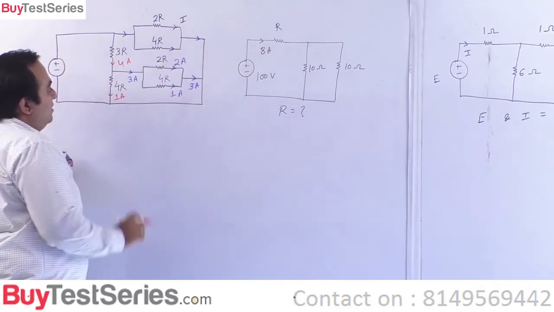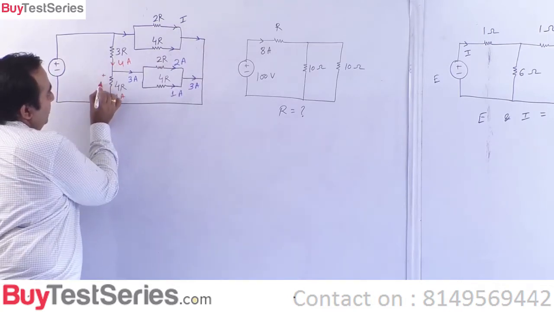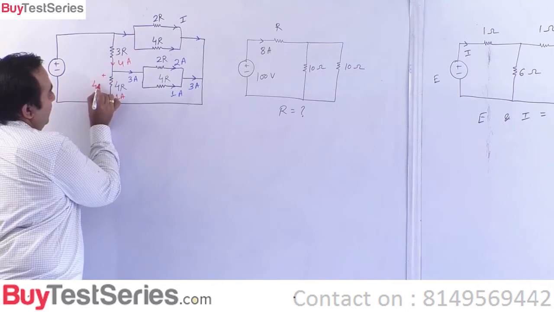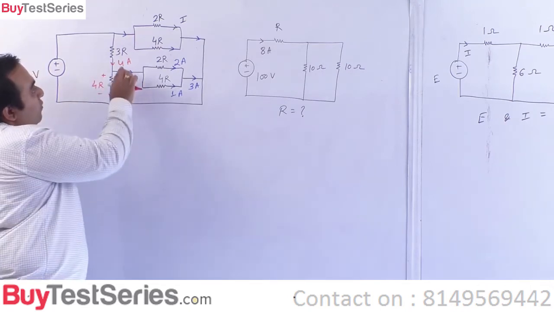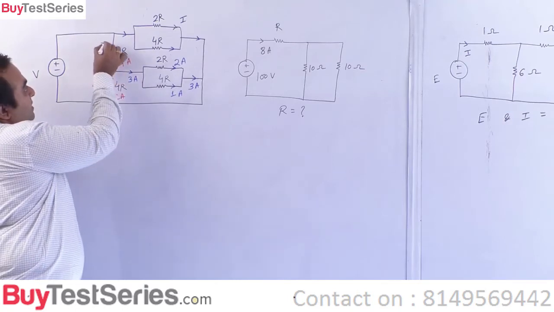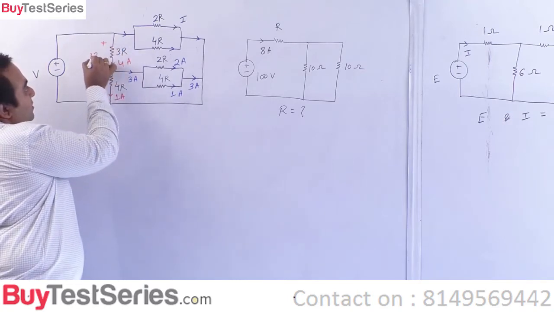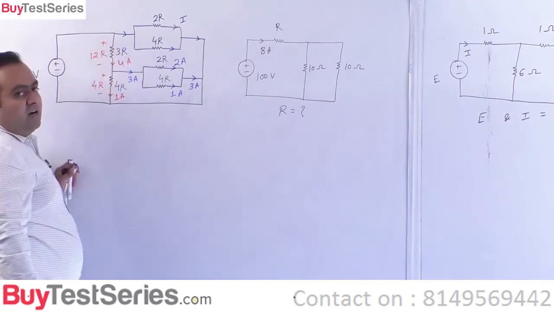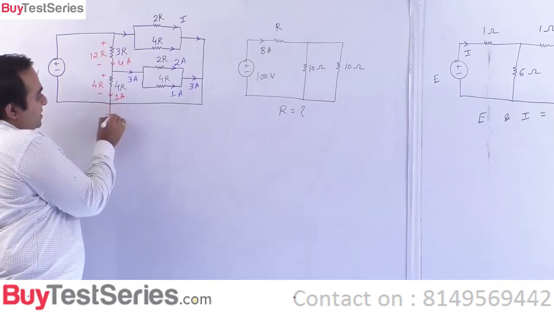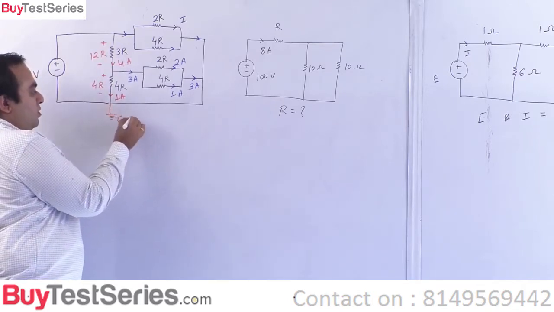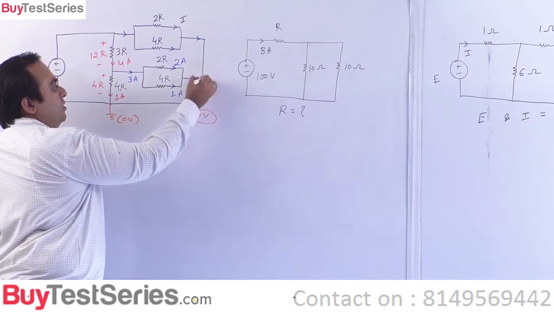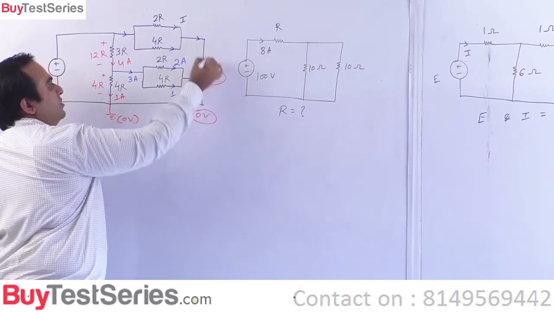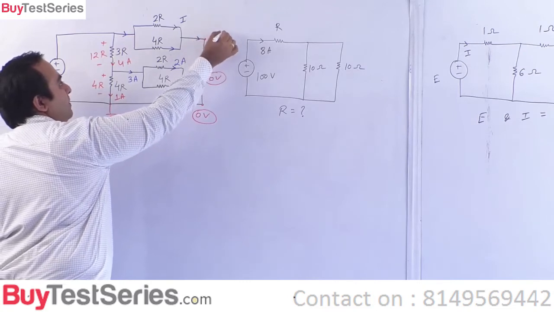Now see, this voltage is how much? This voltage is 4R. 1 into 4R is 4R. 4 into 3R is 12R. So this is 12R. If you see this is your reference, this is 0 volt. So this must be 0 volt, this must be 0 volt and this must be 0 volt.